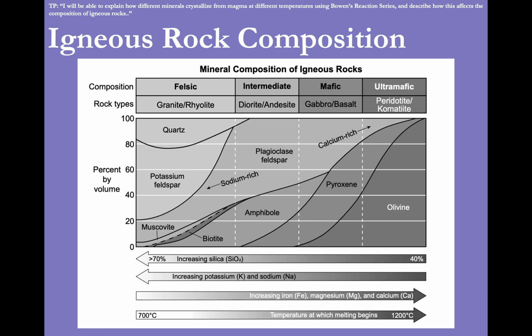And once the rocks begin to cool, olivine and your calcium-rich plagioclase feldspar will begin to crystallize out first. The cooler temperatures here for quartz and potassium feldspar and muscovite mica are dealing with lower temperatures and the last ones to crystallize.